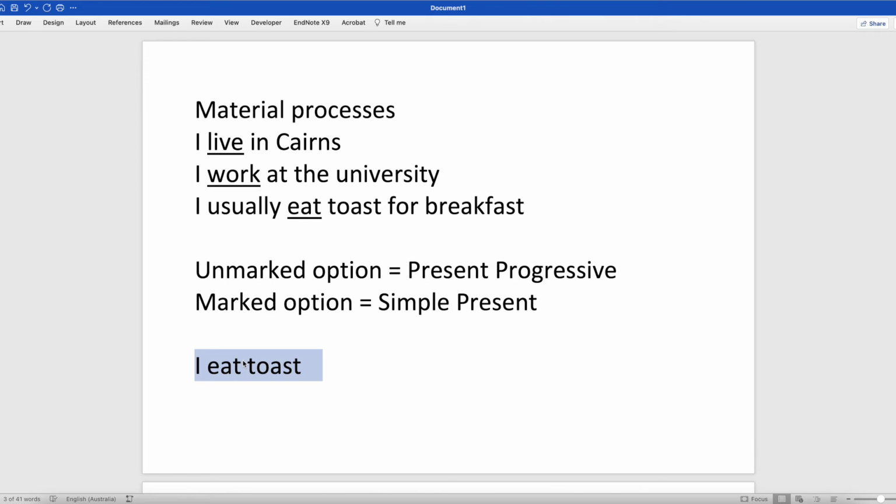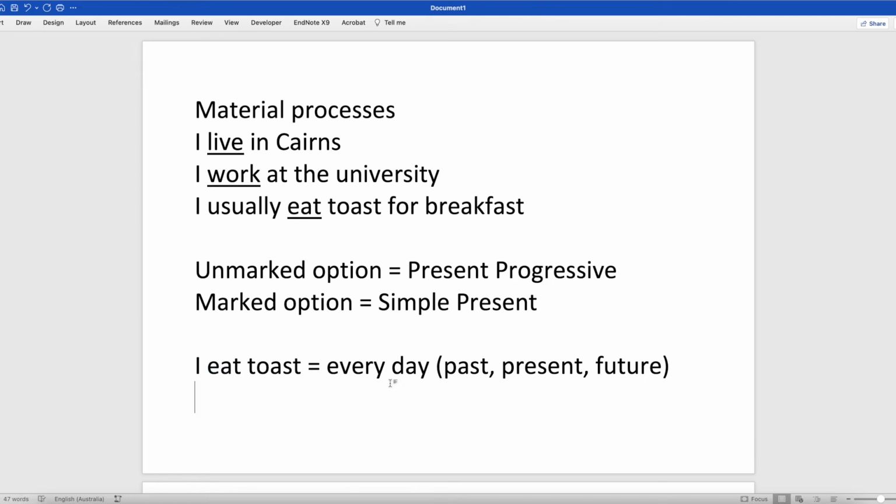We'll call that the marked option, because of course I eat toast means every day, past, present, and future. That's the special meaning that we're giving to this process by choosing the so-called simple present tense.